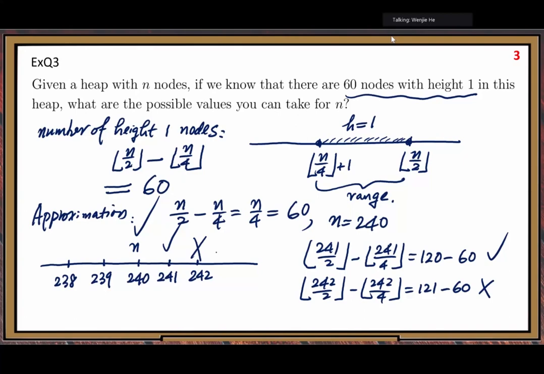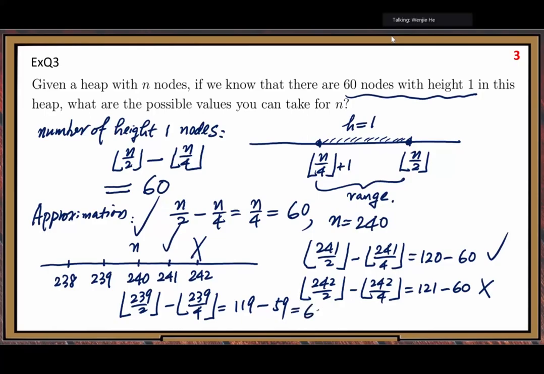To the left, 239 over 2 floor function is 119, minus 239 over 4 floor function, which is 59. 119 minus 59 equals 60, so it works.